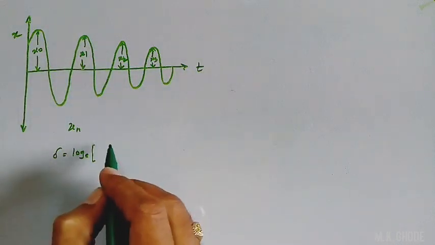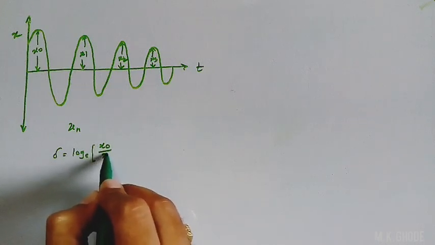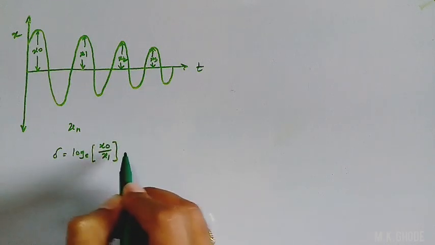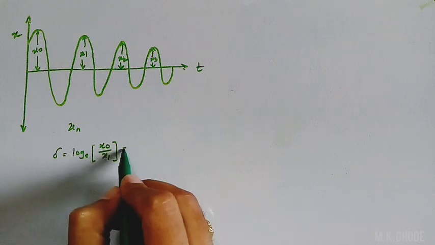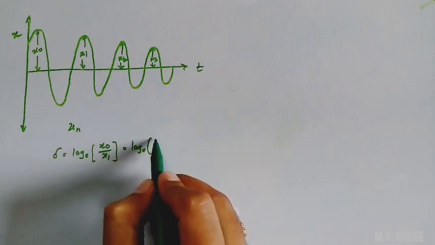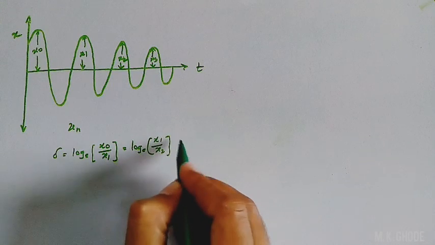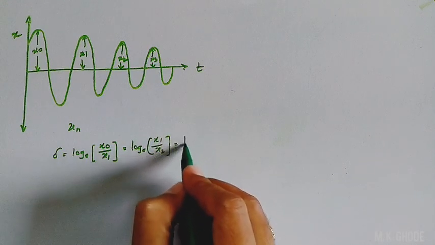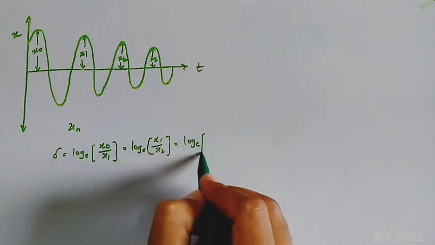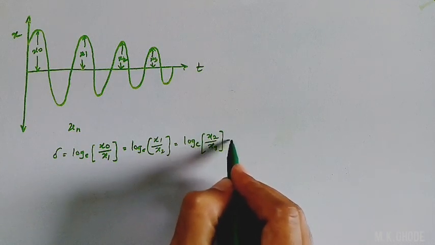So this delta value can be written as log to the base e of x0 upon x1, or we can write this as log to the base e of x1 upon x2. Also it can be written as log to the base e of x2 upon x3 and so on.